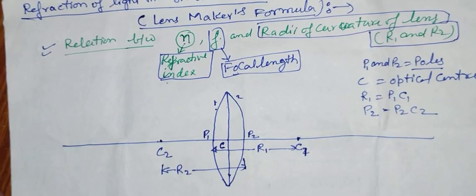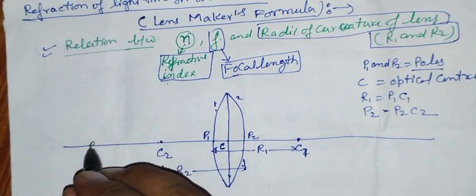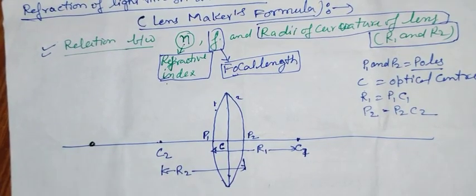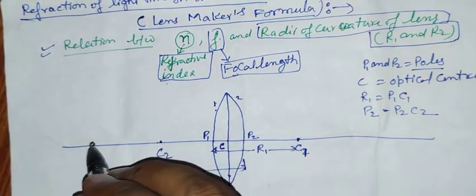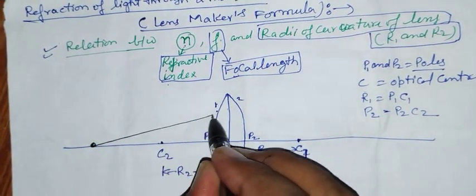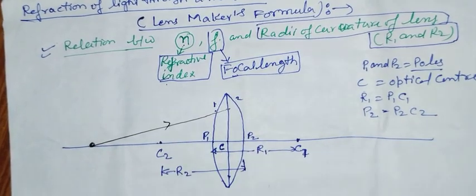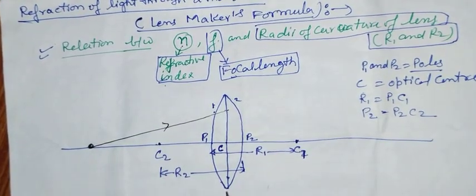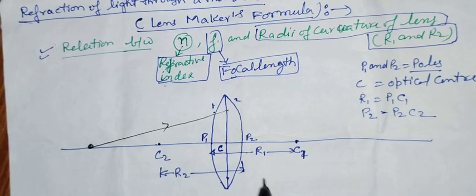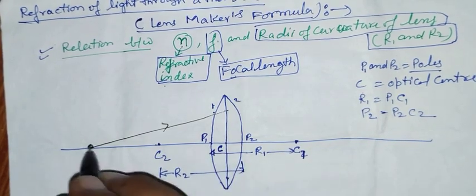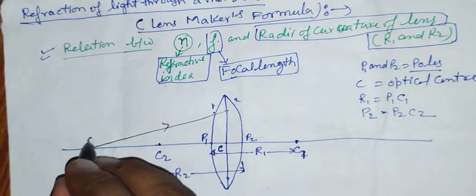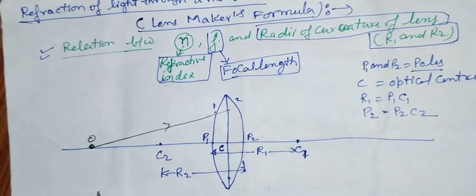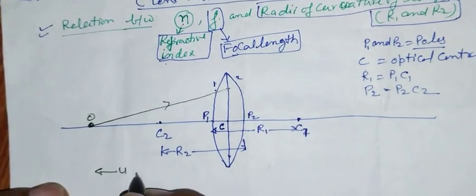Now see, a point object is here, and let us see how the images are formed. Let a ray of light come from the object. The distance from P1 to the object O is considered as u.